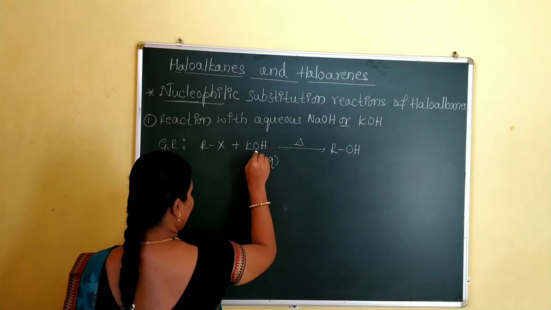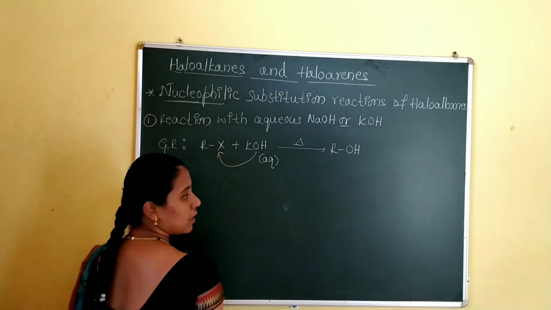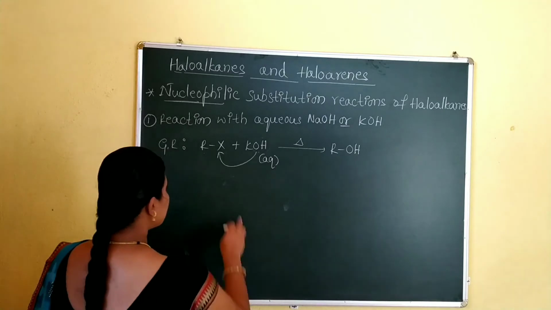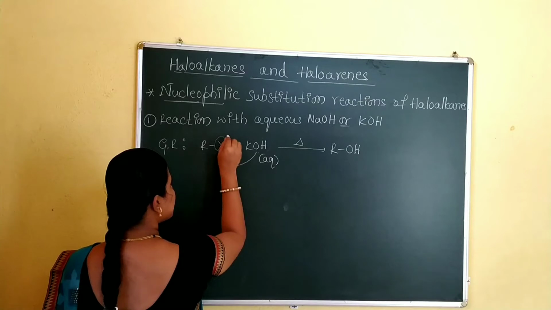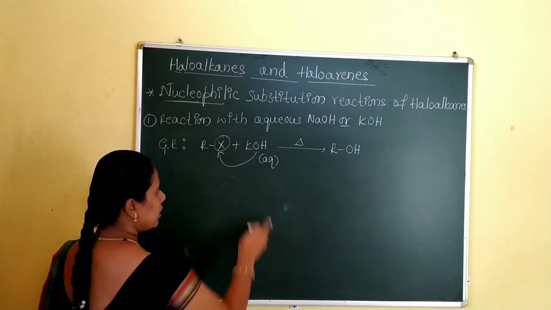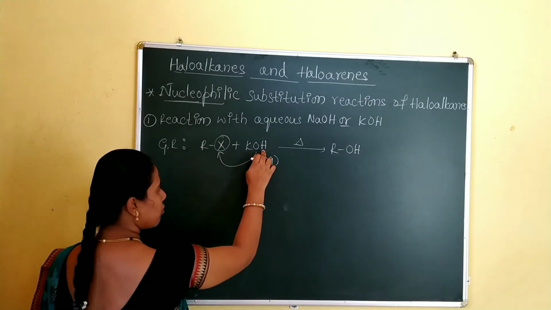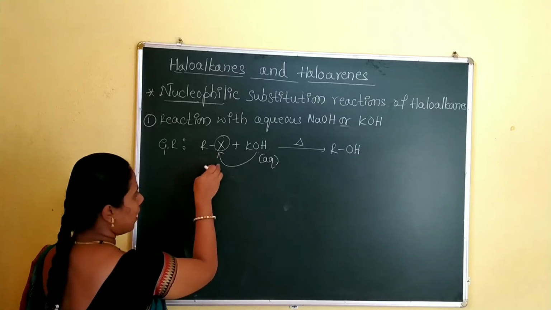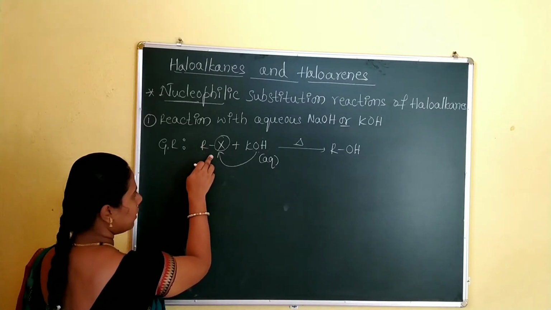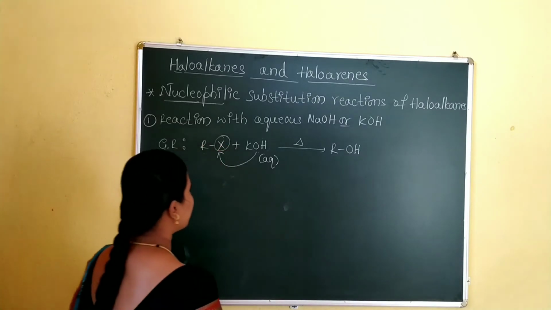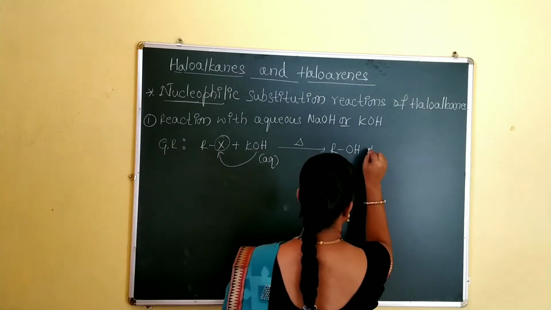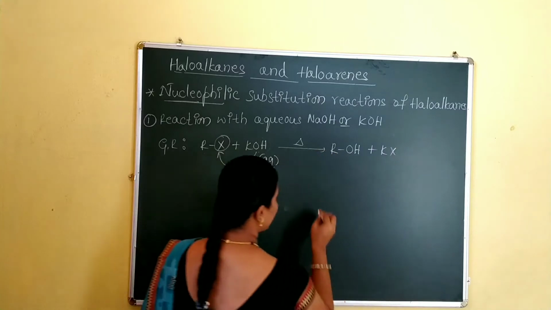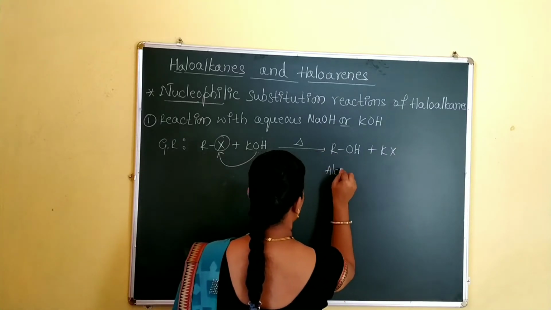The incoming nucleophile substitutes or replaces the existing halide group. Therefore, ROH plus KX, potassium halide, is formed. This is the alcohol.